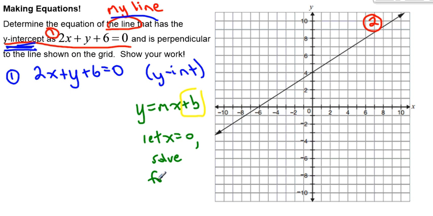And remember, the reason why that works is because the y-intercept means where does the line cross the y-axis, which I'm highlighting here in a very unstraight green line, but you get the idea.